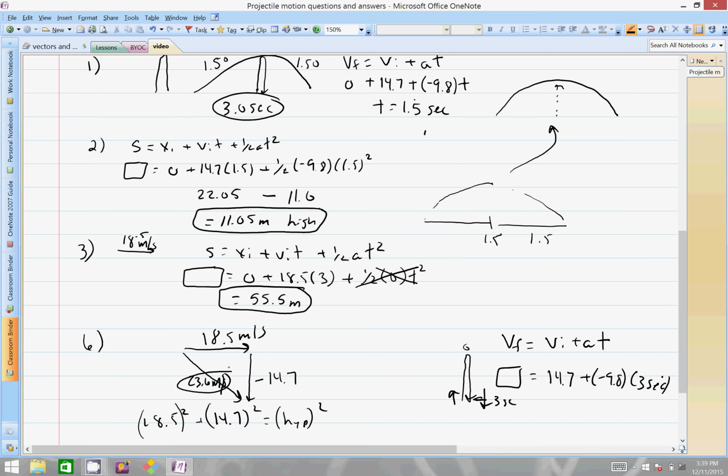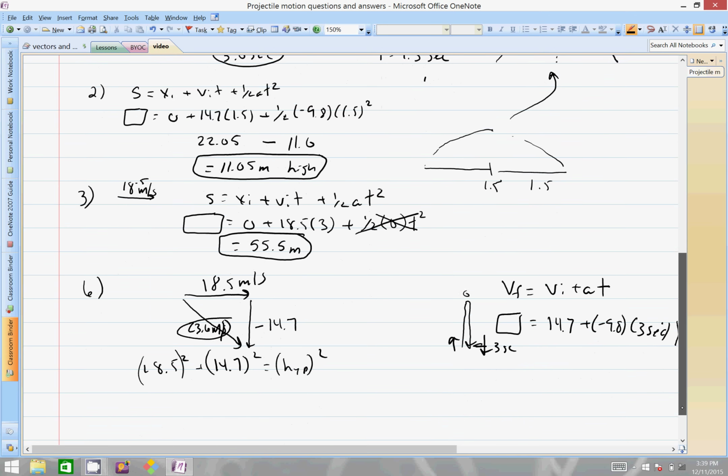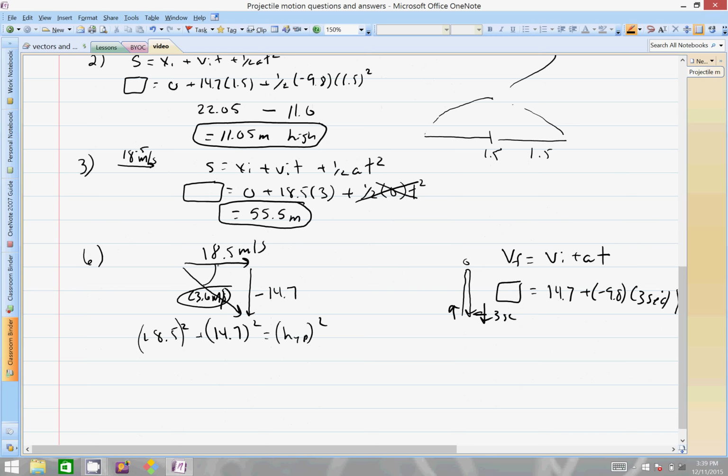Okay, and then at that point we can use a trig function in order to figure out the angle here. So I'm going to use my sine function. The sine of the angle is equal to the opposite over the hypotenuse.